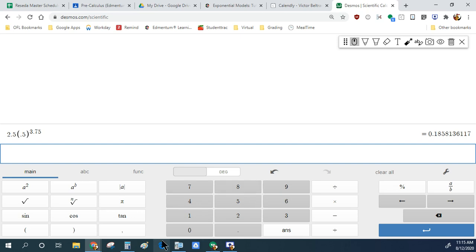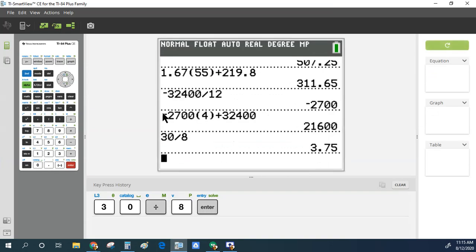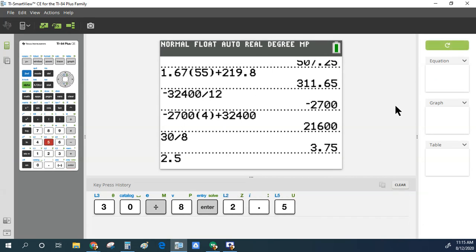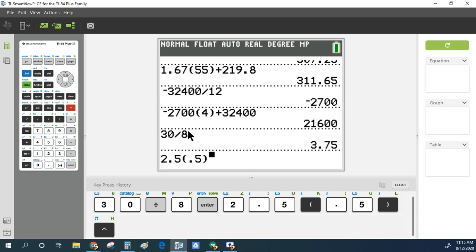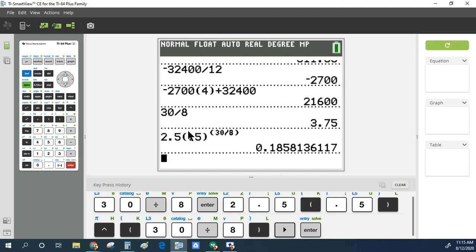Or again, if you have a different calculator, let me know. That way I can tell other students. But I'm just going to do it on here. So I'm going to do this 0.5. And then I'm going to raise this exponent, use parentheses to show 30 divided by 8, and I get the same answer.